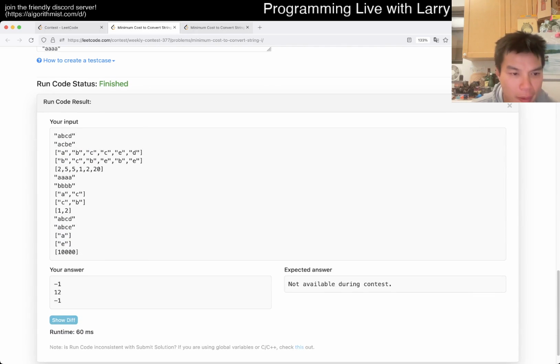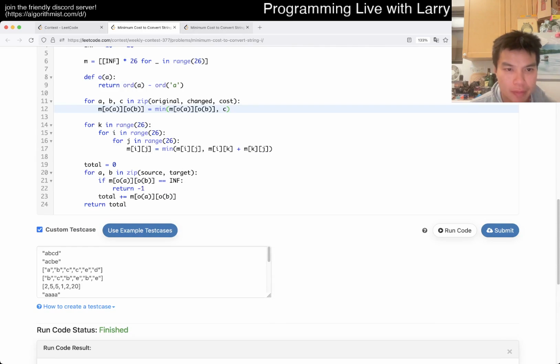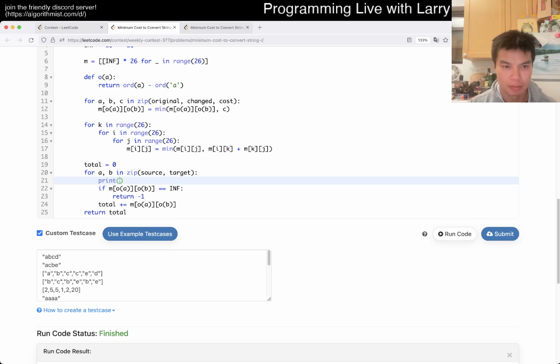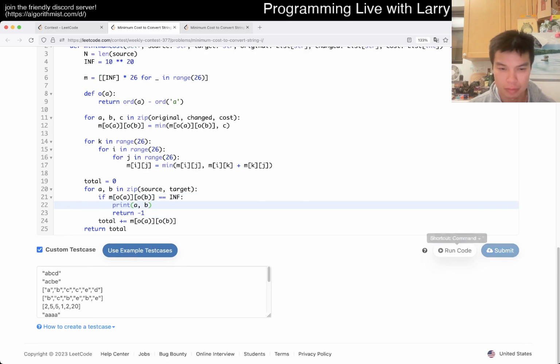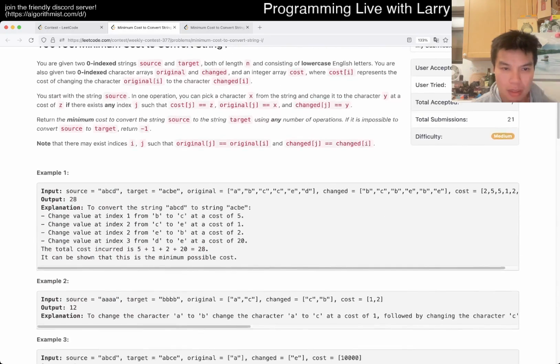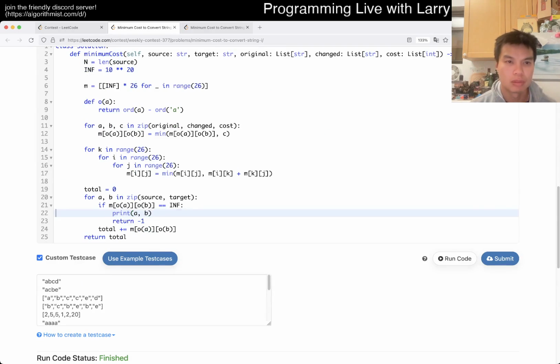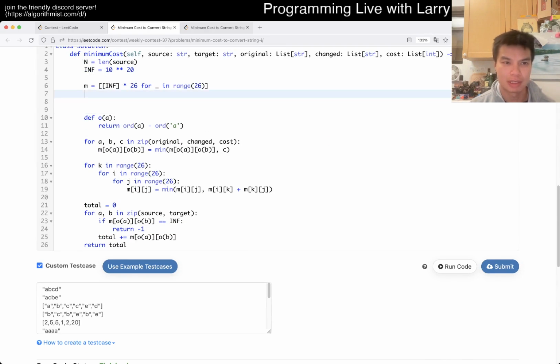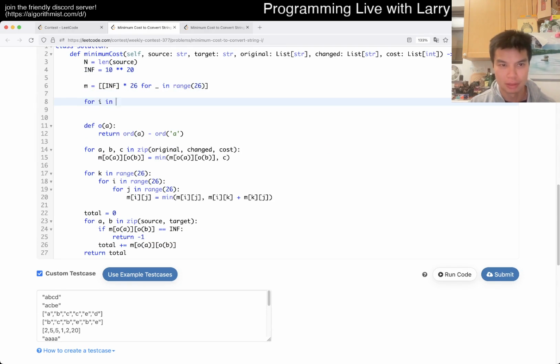Why is it not 3? This is like the second time I have to debug this. Just put that.